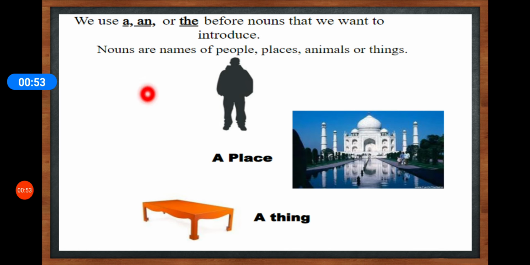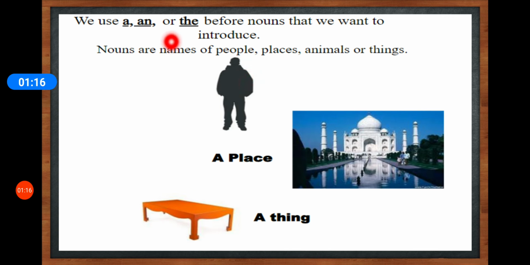So children, we use a, an or the before nouns that we want to introduce. Articles tell us something about the nouns they are used with.